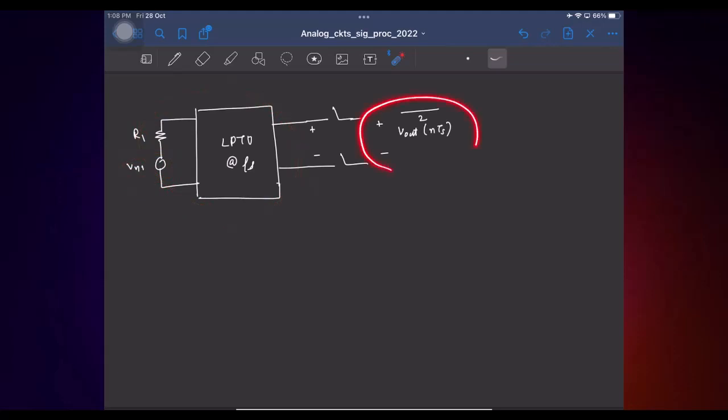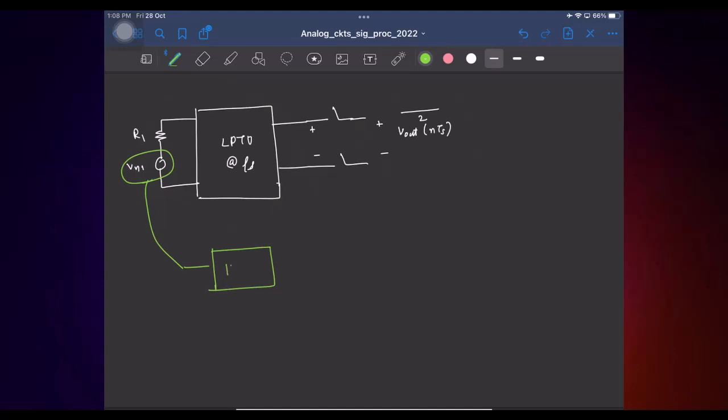So can I get the same samples by doing something else? I will take the same noise source, pass it through an equivalent LTI filter, say H_equivalent1(f), and sample. Now this is good because we have reduced this problem to dealing with noise in LTI networks, which we are well versed in.